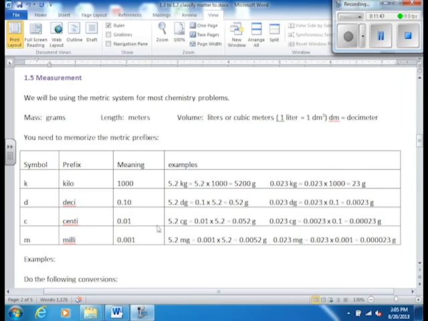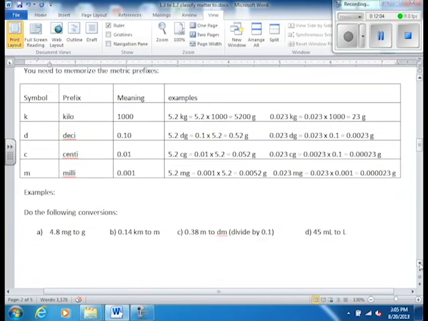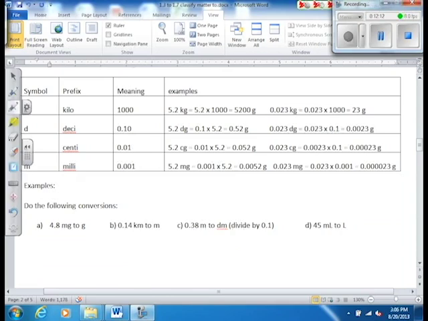Centi is 0.01, and this one's easy because, like a cent of a dollar, 1 cent is 1/100th of a dollar. So a centigram is times 0.01, a milligram is times 0.001. Those are the only ones you need to know. All right, so do the following conversions. You can pause if you want, or I'm going to also just show you how to do these. This should be kind of straightforward.